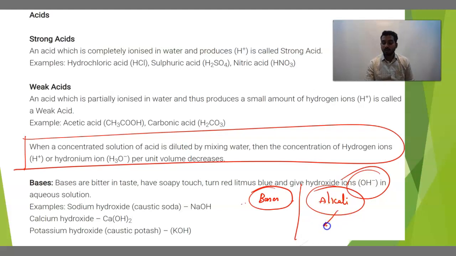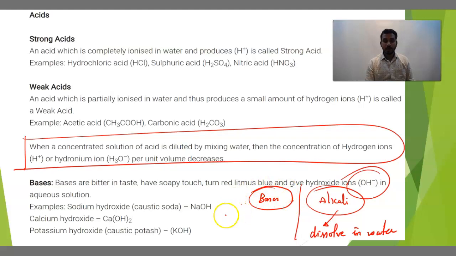Alkalis are those types of bases that dissolve in water. Usually maximum all acids will dissolve in water, but all bases will not dissolve in water. Got it? Some bases will dissolve in water, some will not. The bases which dissolve in water are called alkalis. Understood?